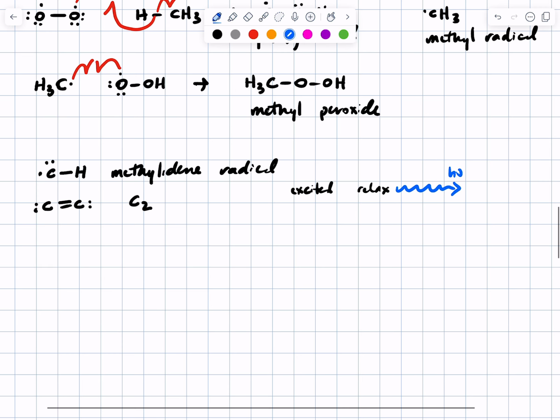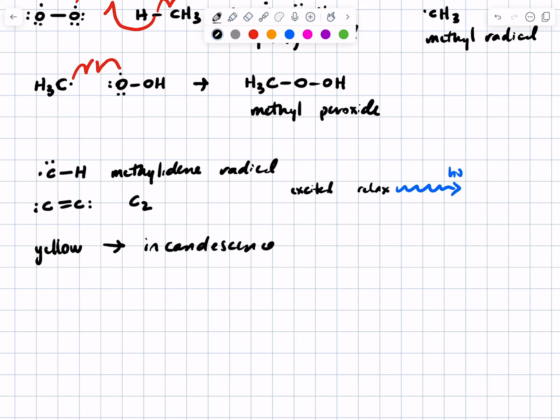What about yellow color in flame? The yellow color is what's called incandescence. That's a fancy word for black body radiation. Why am I writing the word fancy? Black body radiation. This is something you maybe learned about in physics. It's that hot things glow.